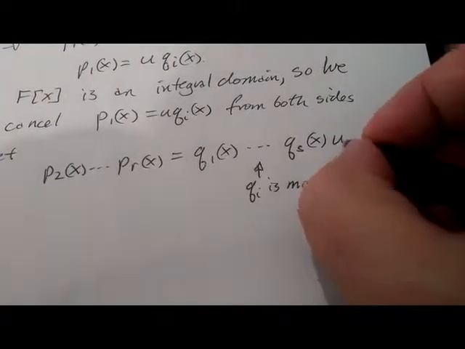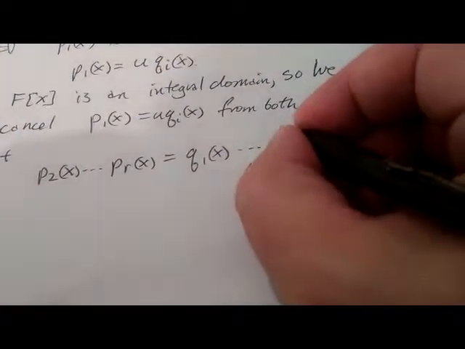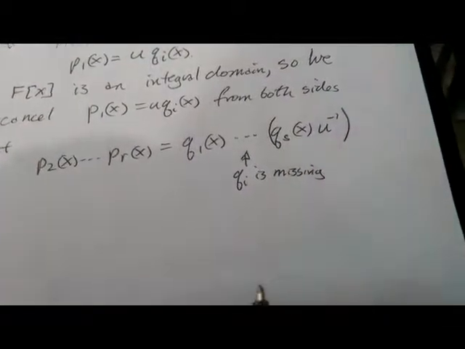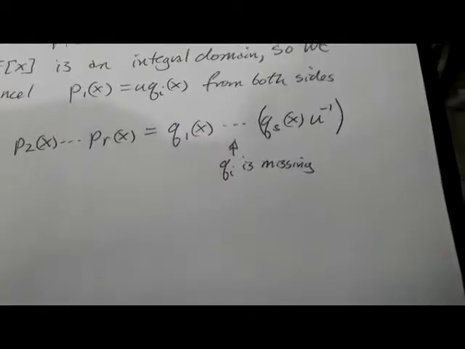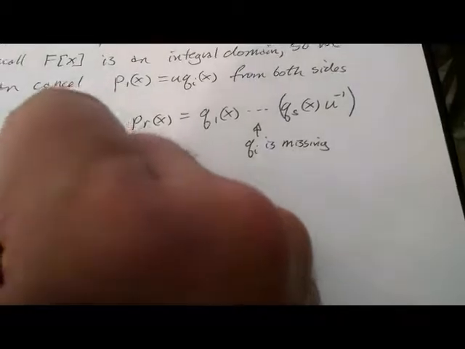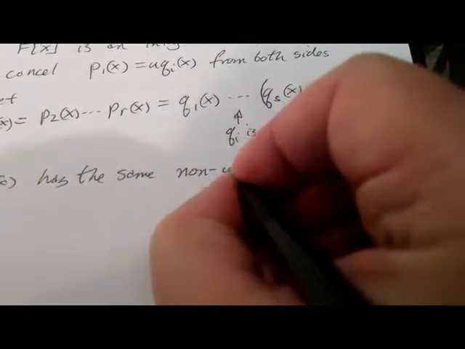And there's also this U inverse, because I factored a U Qi out of it, that I'll just group together with that one to make this our new irreducible polynomial. Multiplying by a unit doesn't change that it's irreducible. This gives us this new polynomial, b of x. So b of x has the same property, the same non-uniqueness.